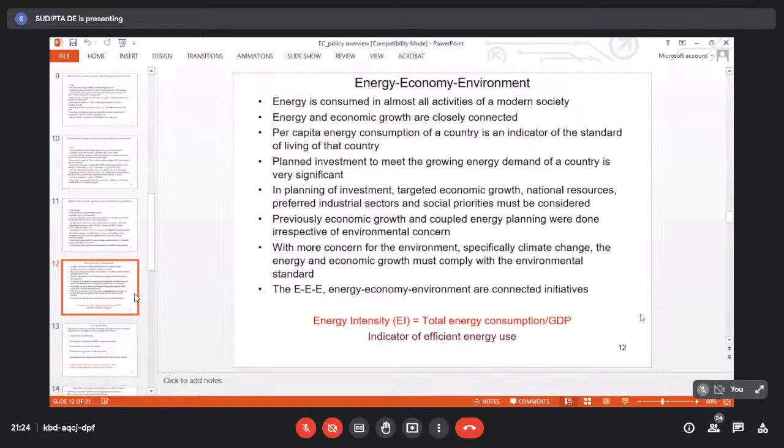And this measure is actually done with respect to energy intensity. What is the definition? Total energy consumption in the numerator divided by the GDP, gross domestic product. Now look into the definition itself. What is GDP?